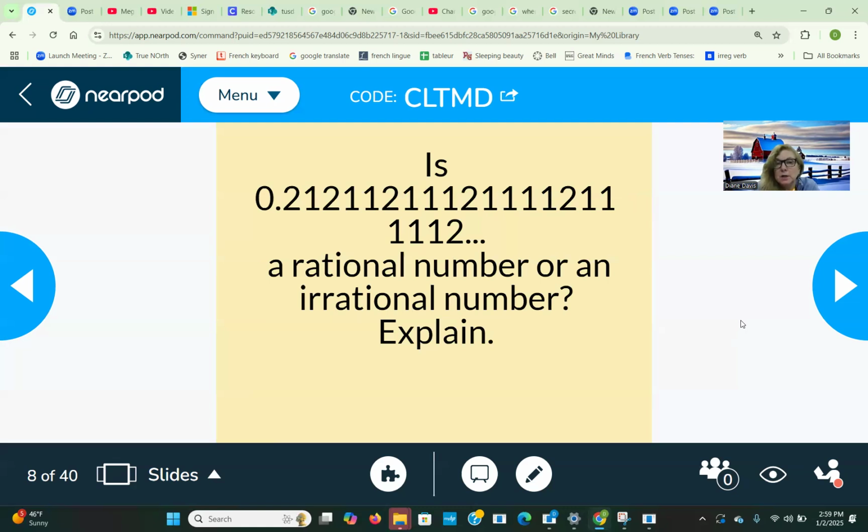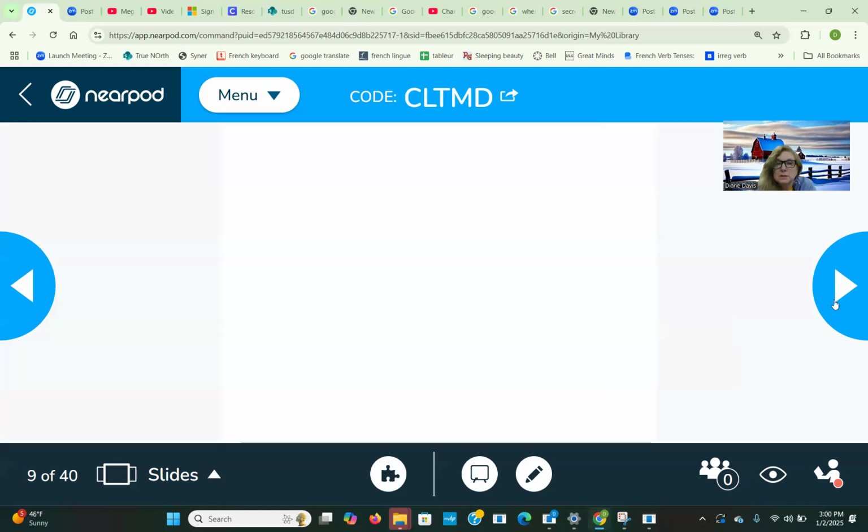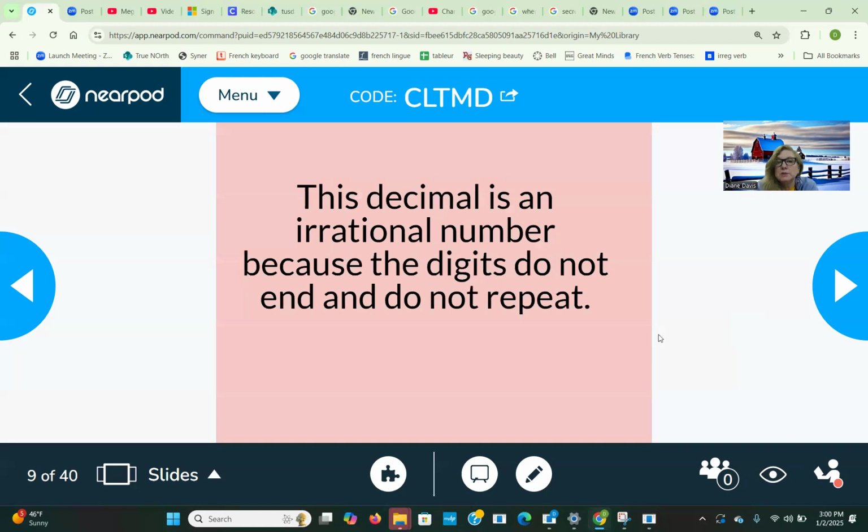It goes 2, 1, 2, 1, 2, 1, 1, 2, 1, 1, 1, 2, 1, 1. Do you see a pattern? Is there a repeating pattern there? This decimal is irrational because the digits do not end and do not repeat.